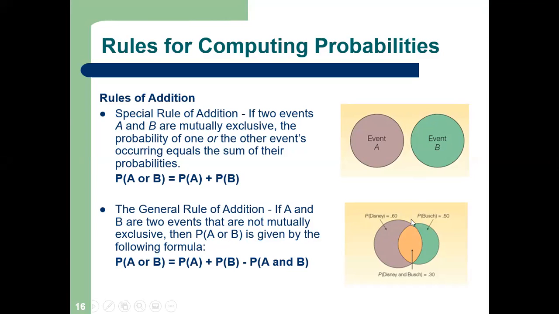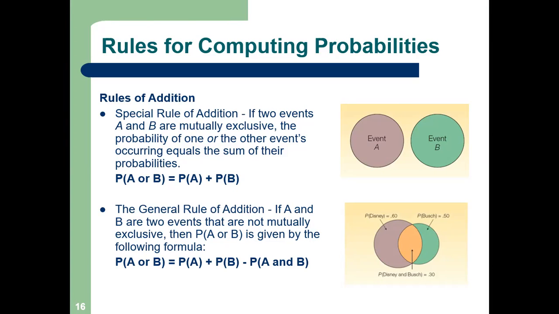As you can see in this picture, this is a Venn diagram, and it shows two events A and B. The left one, purple, can be named event A, and the right one is event B. You can see these two circles have a shared part, shown in orange.